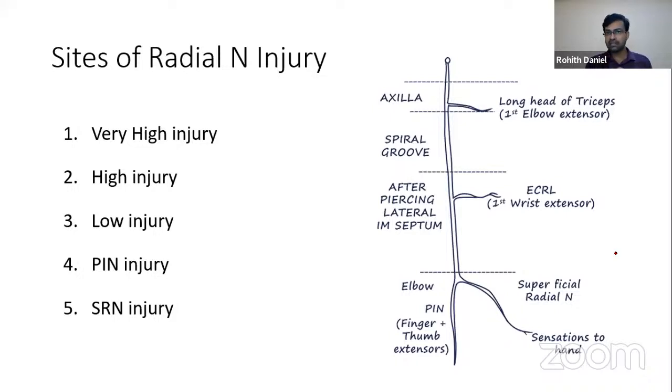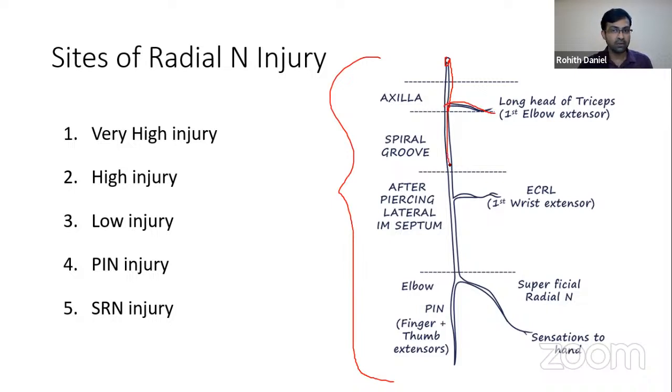So in order to learn this, you need to know this very simplified diagram of the course and branches of the radial nerve. So this is what we already learned, but I have simplified it to understand the various locations of injury. So this is nothing but the radial nerve coming down through the axilla, giving off the first branch, which is the branch to the long head of the triceps.